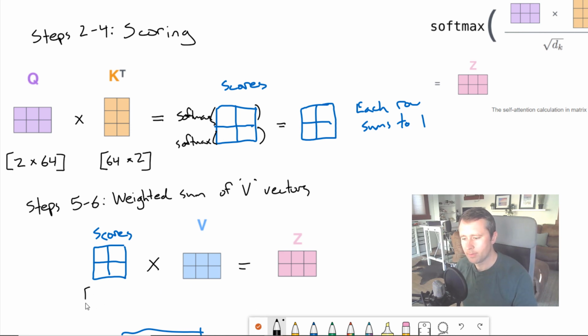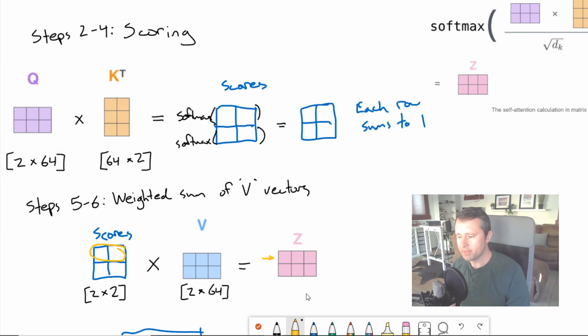Scores is always going to be square, and the dimension is the number of words in the sentence. In this case, just 2. And then over here we've got 2 by 64. The way this plays out is the scores in this row will be used to calculate this row of the Z matrix.